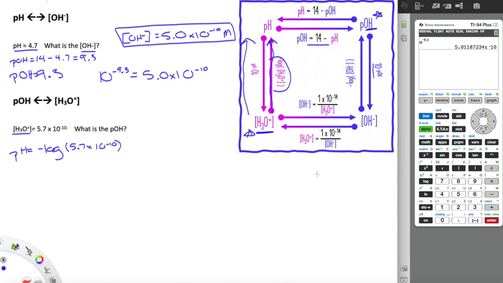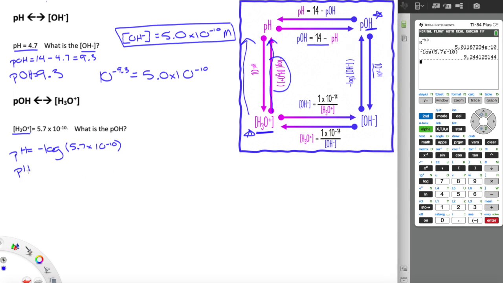If I plug that into my calculator, negative log of 5.7 E negative 10, then I get a pH of 9.2.